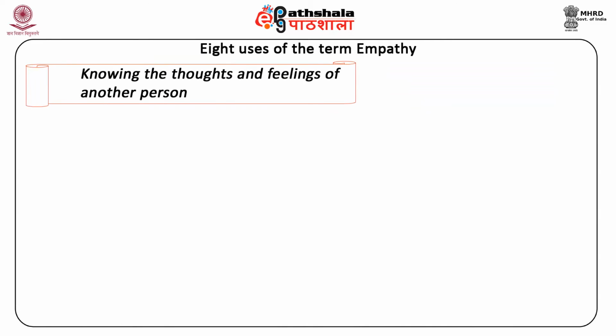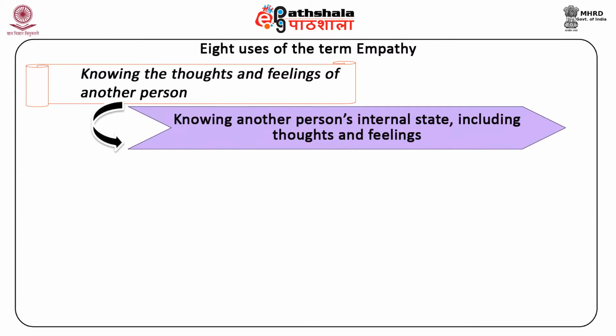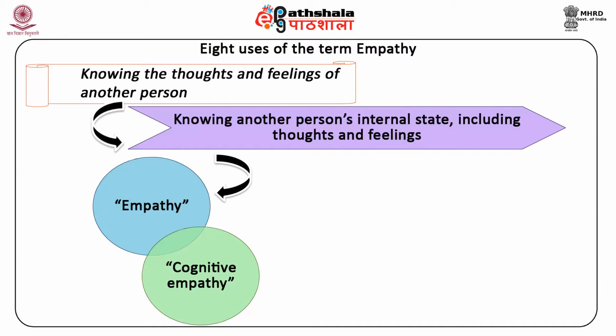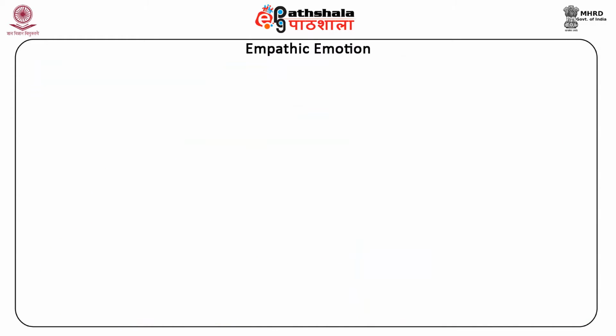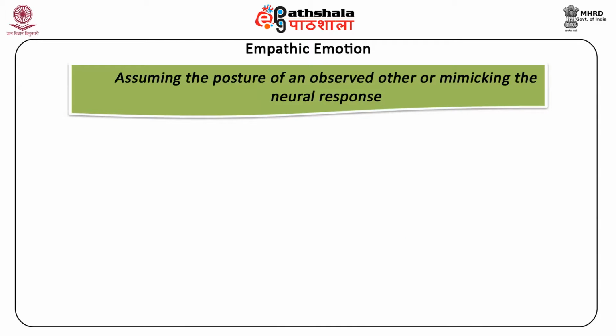Knowing the thoughts and feelings of another person: various researchers have termed knowing another person's internal state, including thoughts and feelings, as empathy. Others have called this cognitive empathy or empathic accuracy. Still others speak of understanding or perceiving accurately, assuming the posture of an observed other, or mimicking the neural response.